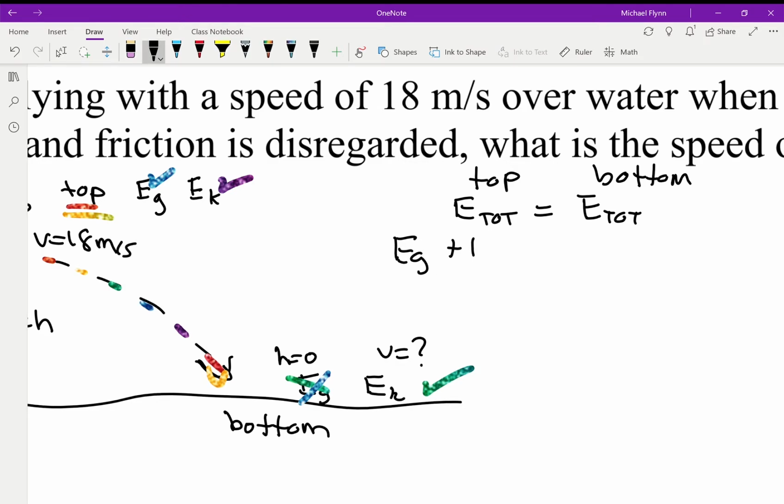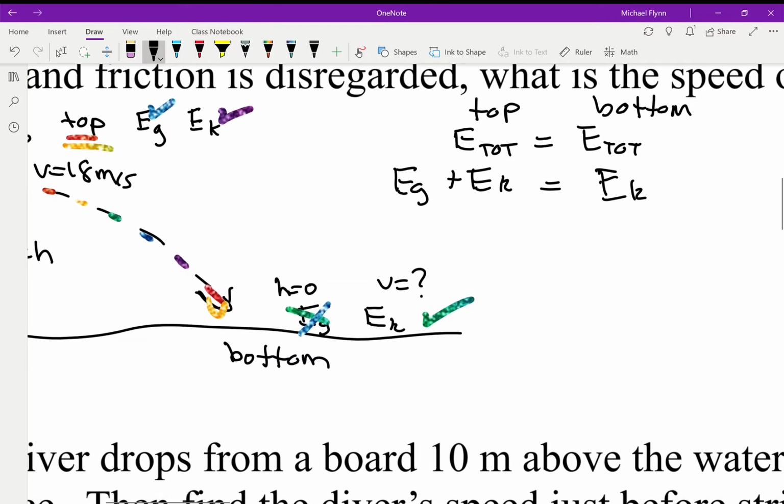Eg plus Ek at the top equals Ek at the bottom, right? So mgh plus 1/2 mv1 squared will have to equal 1/2 mv2 squared.